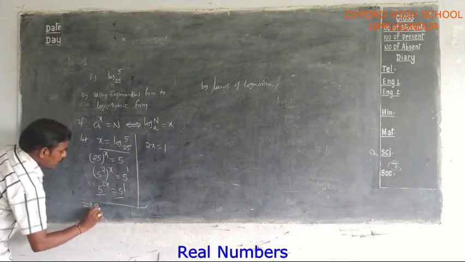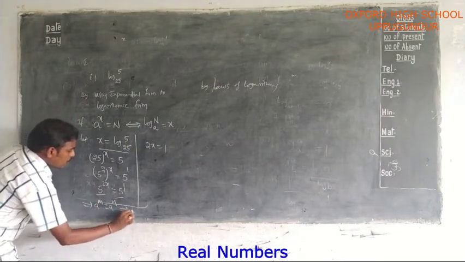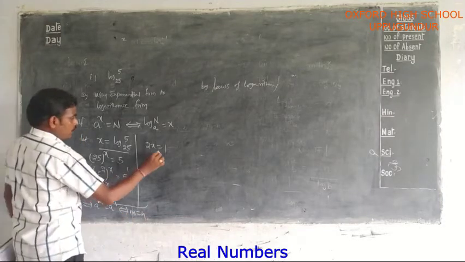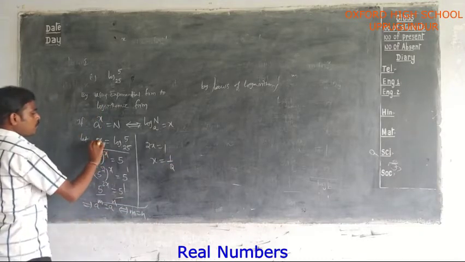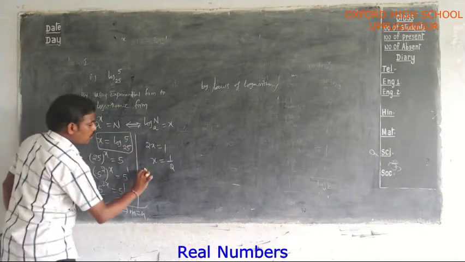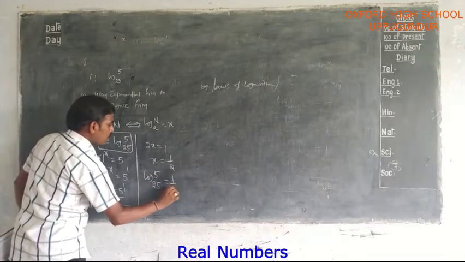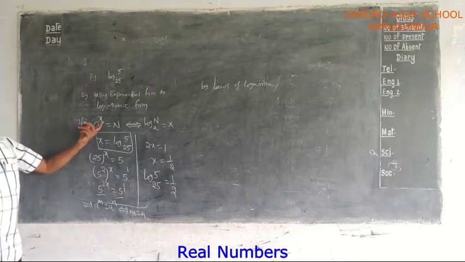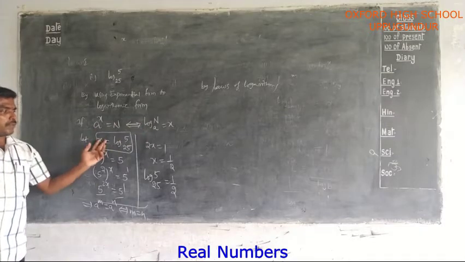Here a power m equal to a power n, bases are equal, that implies you have to equate the powers, m equal to n. So 2x equal to 1, x equal to 1 by 2. What we assumed, x equal to log 5 base 25 equal to 1 by 2. This is the solution by using exponential form to logarithmic form.